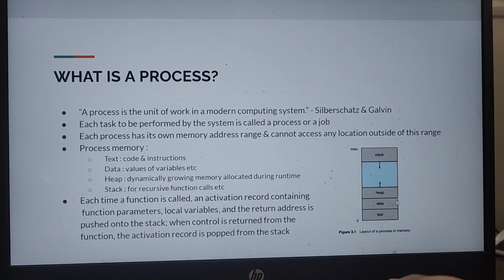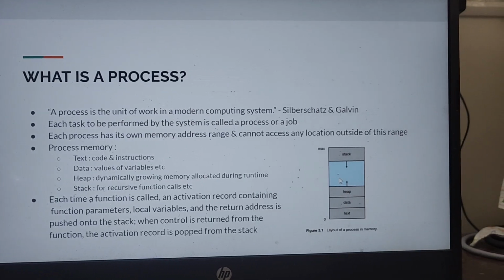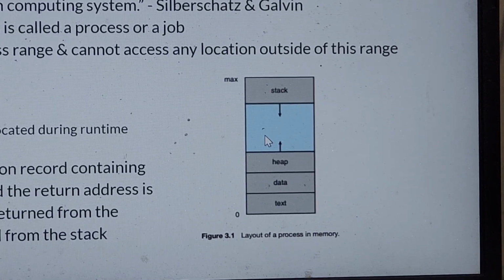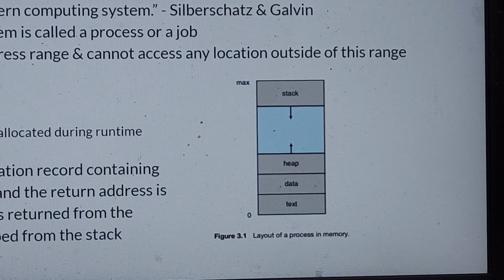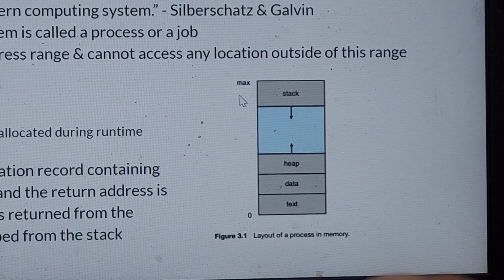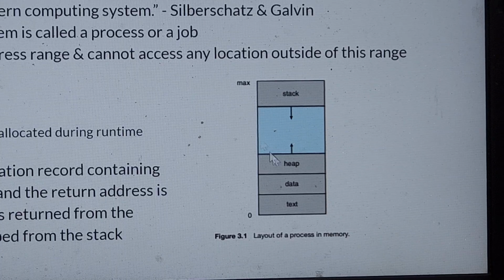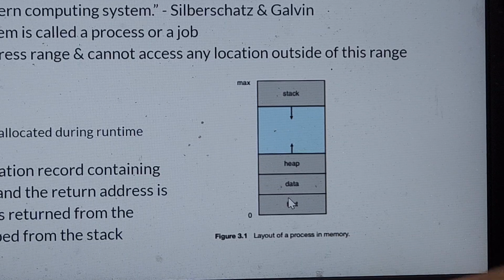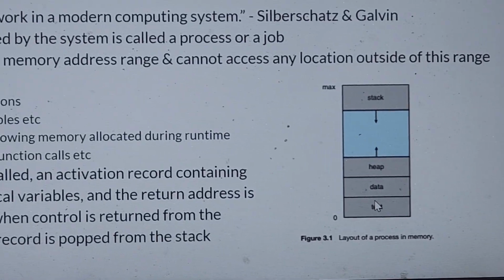This entire big rectangle pertains to the memory allocated for one process. It starts, let us say, from 0 and goes up to some address which we denote here as max. This entire rectangle represents the memory space allocated to one process P1, divided into text, data, heap and stack.